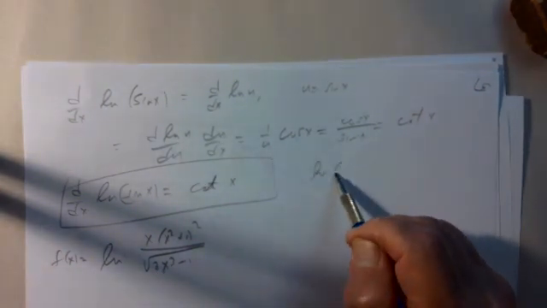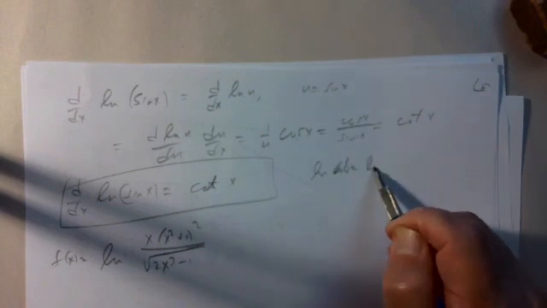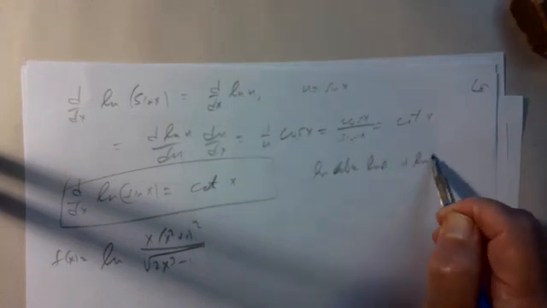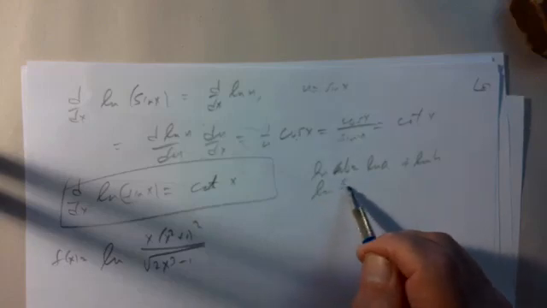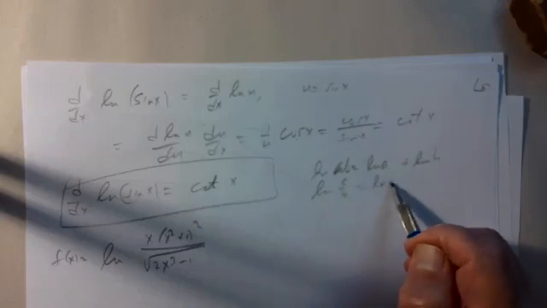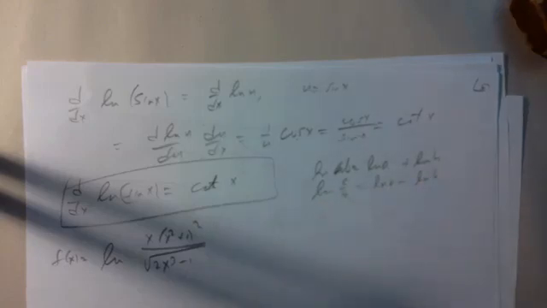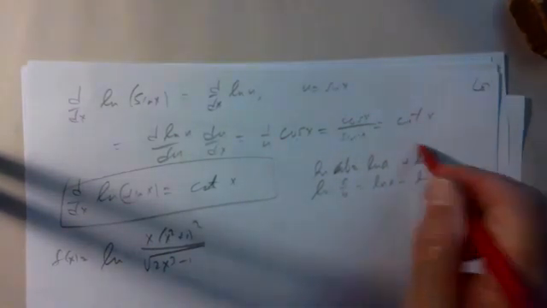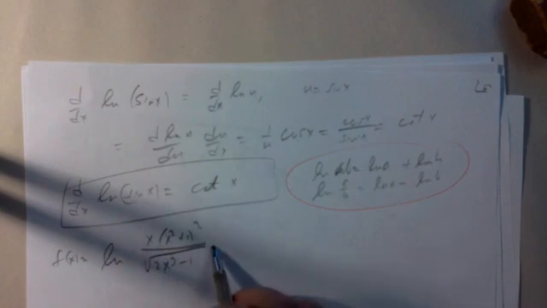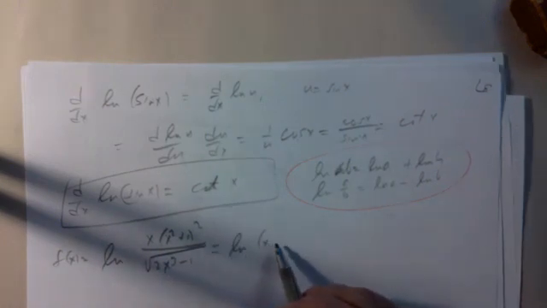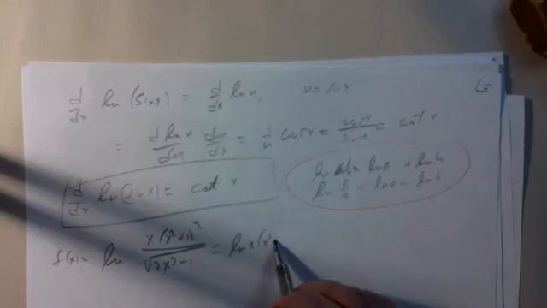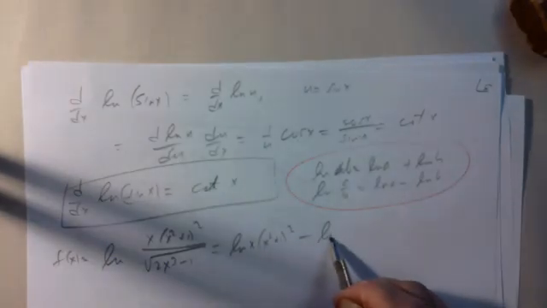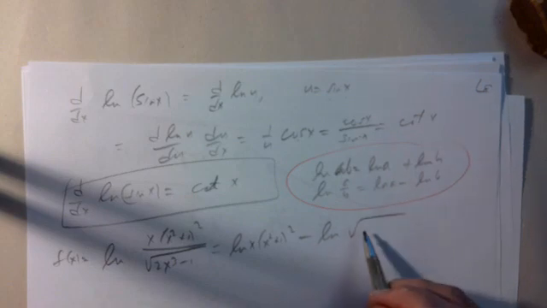Remember, the log of AB is log A plus log B, and the log of A over B is log A minus log B. So these are basic properties of the log. And here, first of all, I have a quotient. So this is the log of x times (x squared plus 1) squared minus the log of the square root of 2x cubed minus 1.